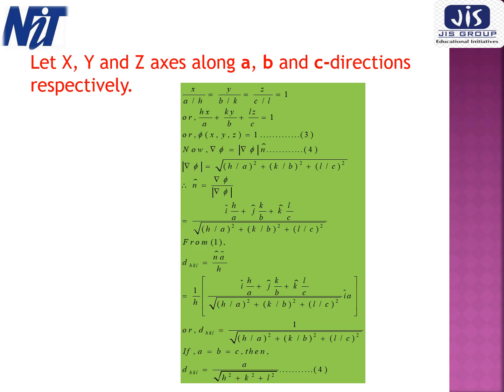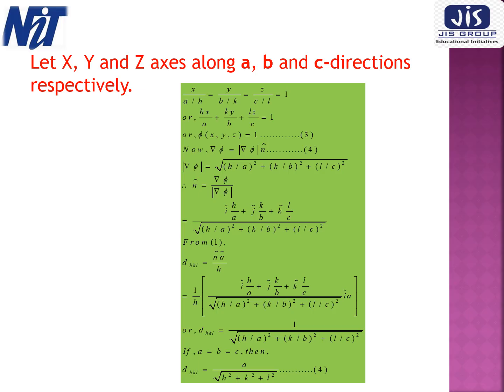So this h will go in the numerator and be multiplied by x, k will go to the numerator and be multiplied by y, l will also go to the numerator and be multiplied by z. Due to that we will get hx by a plus ky by b plus lz by c is equal to 1. Now let us take this as phi. So phi is a function of x, y, z equal to 1. Let us call this equation number 3.